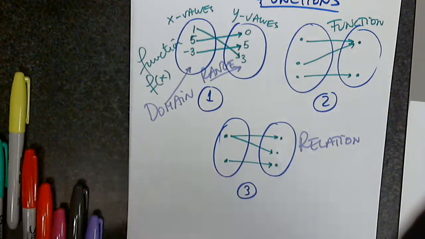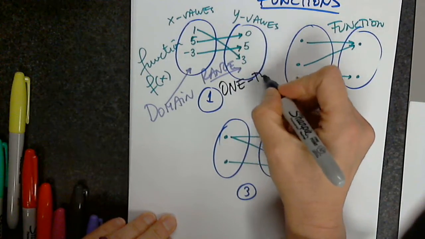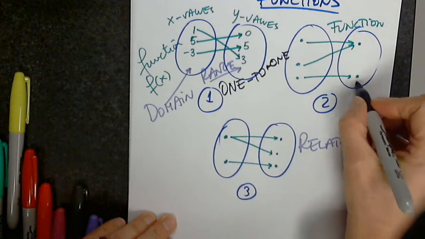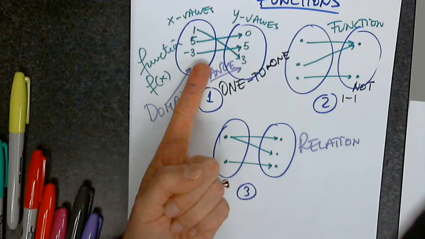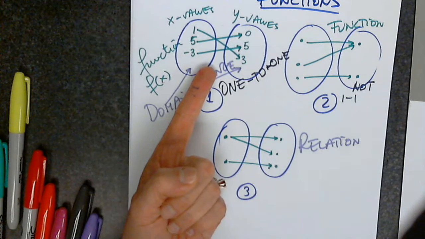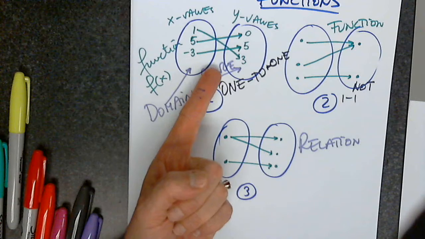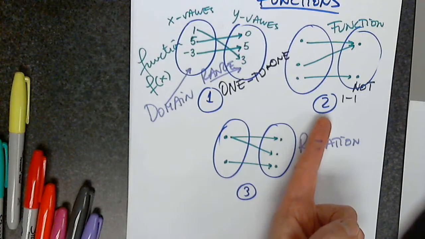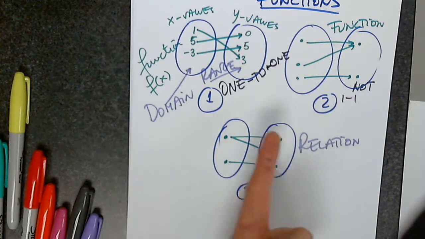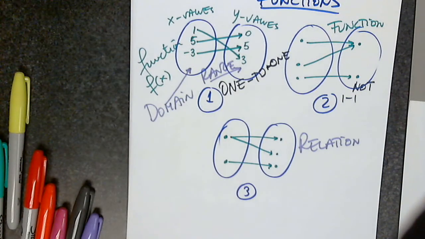That property is called 1 to 1. Here, not 1 to 1. In other words, for this function, I will be able to create a function called, what do you think? Come up with a name, I'm sorry. Inverse. Here, I will create an inverse, but it will not be a function. So, one-to-one functions have inverse functions. Not one-to-one functions have inverses, but not functions. Relations.